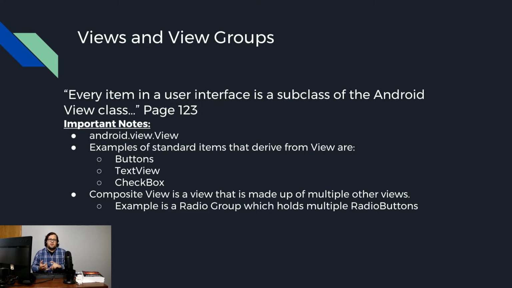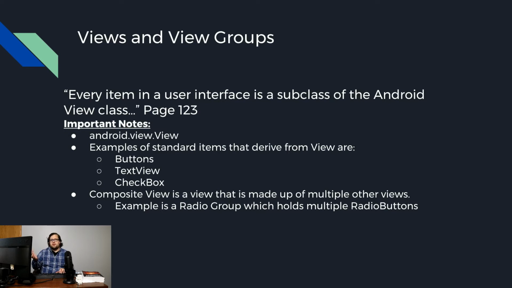Some examples of that are buttons, text views, checkboxes, anything that you would see in any of the tools that the design layout actually has. So that's just some general things that have been specialized to make a button work or to make a text show up. Or maybe it's to make an image show up with an image view. So those all derive from view.